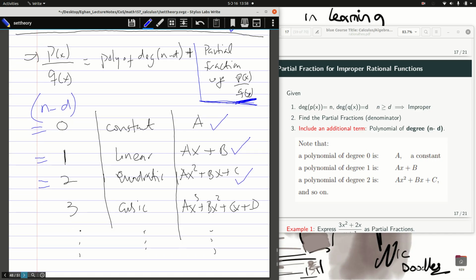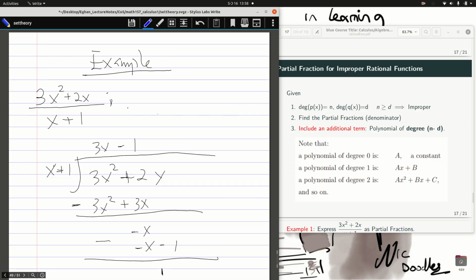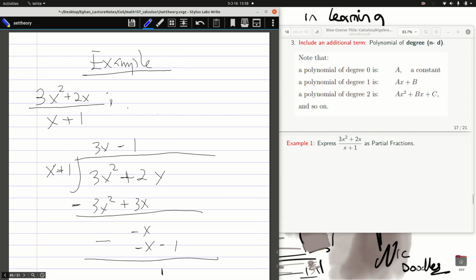I'll take you through 2 examples for you to appreciate it. So let's take example 1. It says express this rational function as partial fraction. I'll go through the 2 approaches. So example 1, case 1, I'm going to use the first. Let me find the degree. Degree of the numerator is 2, degree of the denominator is 1. 2 is greater than 1, hence I have an improper fraction.